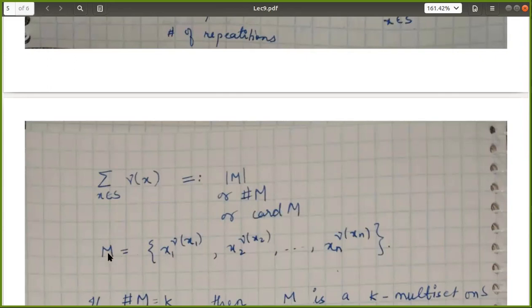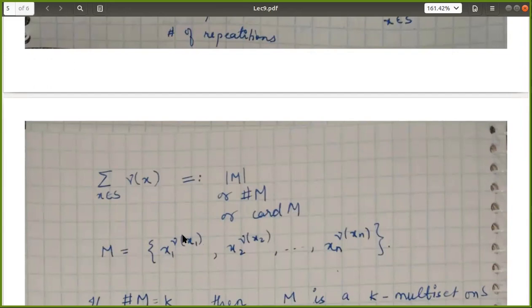So this M is then the multiset x1 raised to nu(x1), which means x1 is repeated nu(x1) times. This nu(x1) may as well be 0, which means x1 is not present in the set.